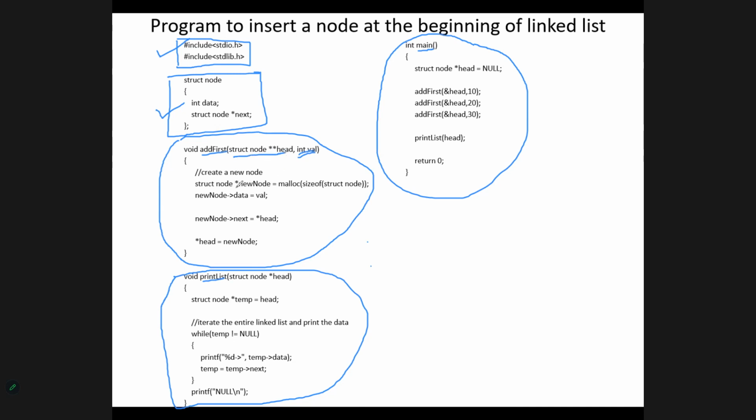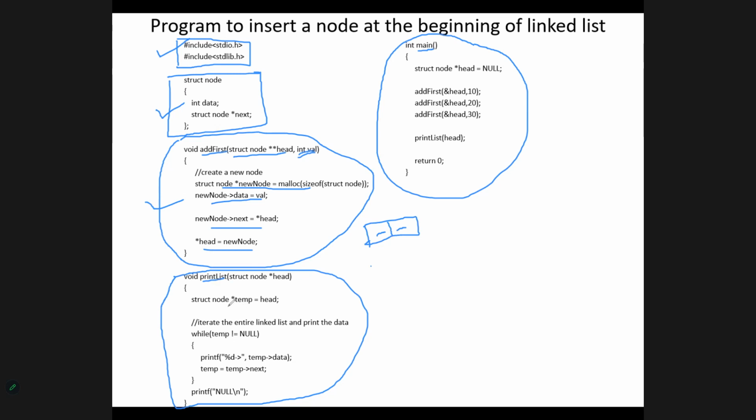Now create the node, allocate the memory, assign the value, and assign the head value to this, and finally created the container. Whatever the value here, whatever the reference here. Now this is created.